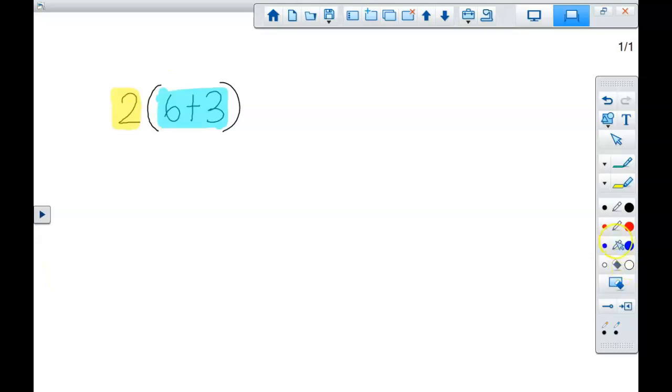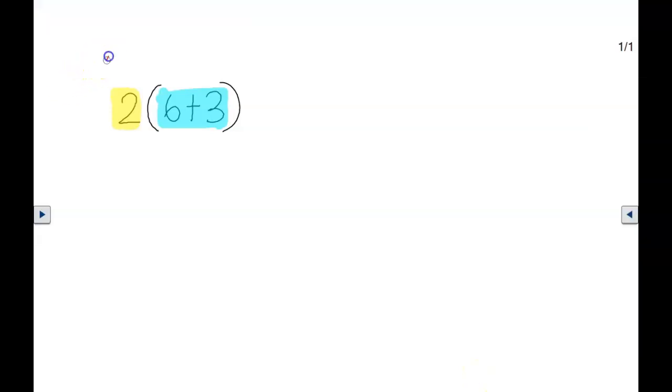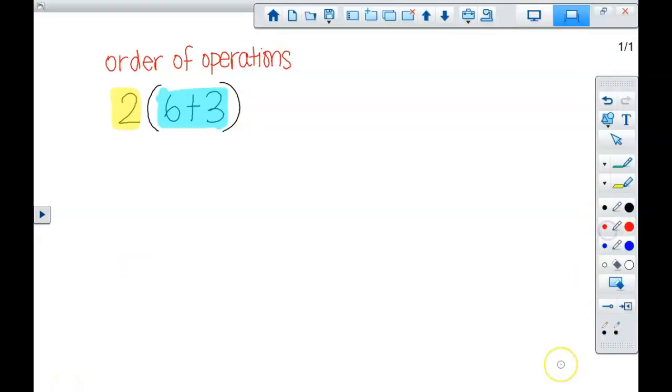So how could I multiply 2 times that entire group 6 plus 3? Well, one of the things that I could do is use something that we have already reviewed. I could do this problem using the order of operations. The order of operations says that I would do anything inside of grouping symbols first.